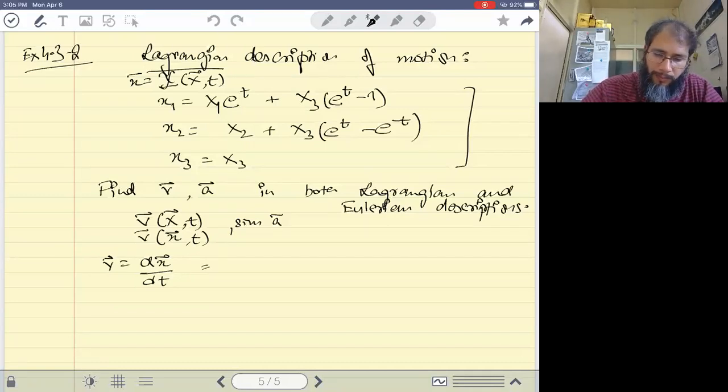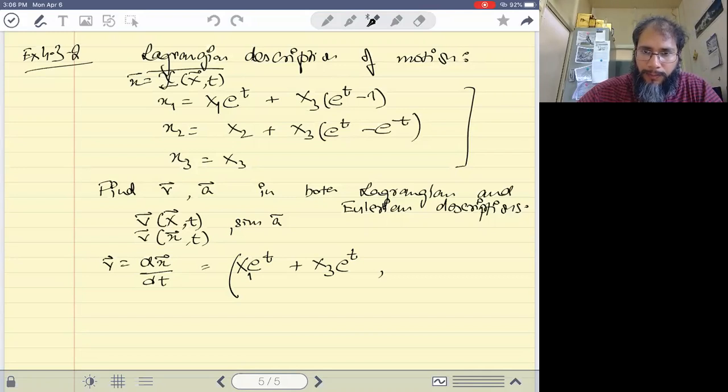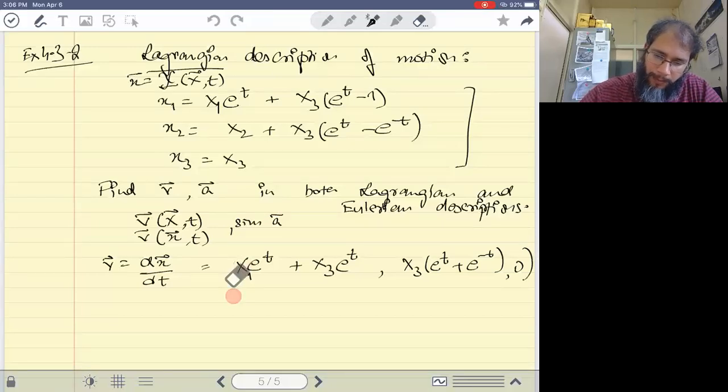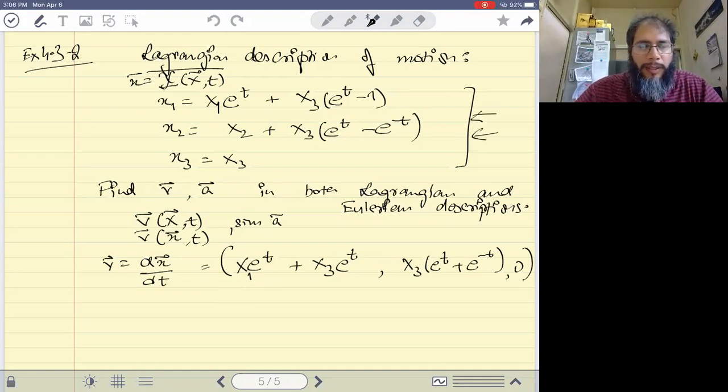So I simply have taken the derivative of the right hand side with respect to t, and capital X is a constant.